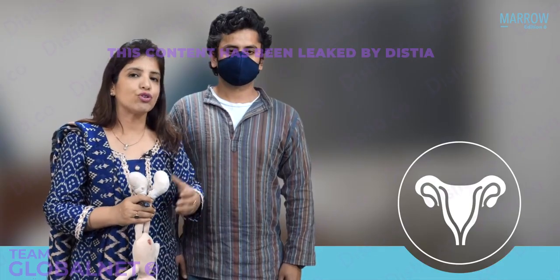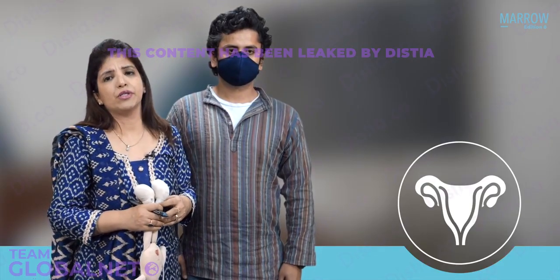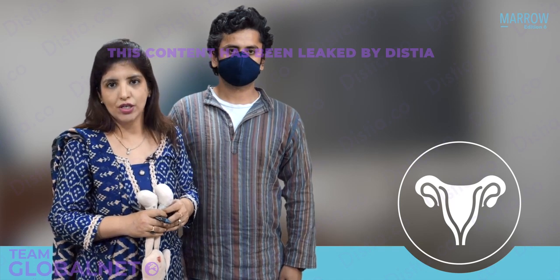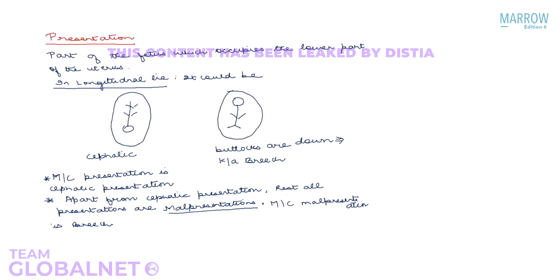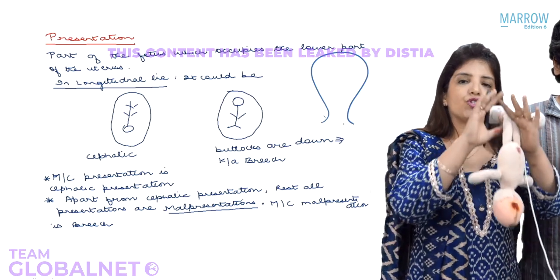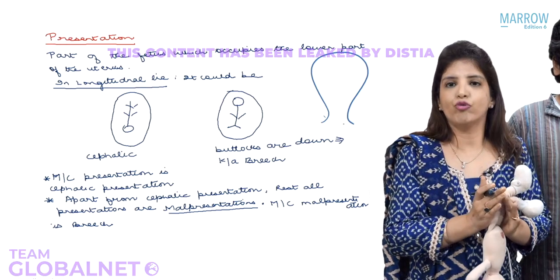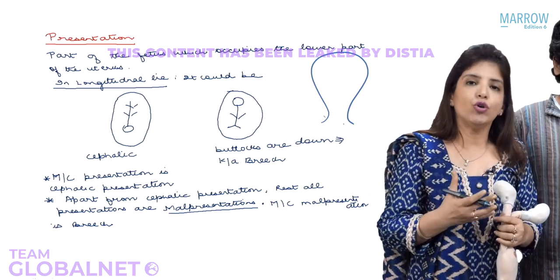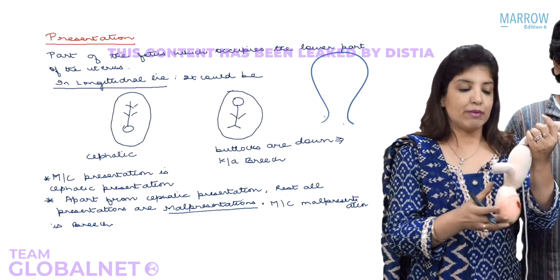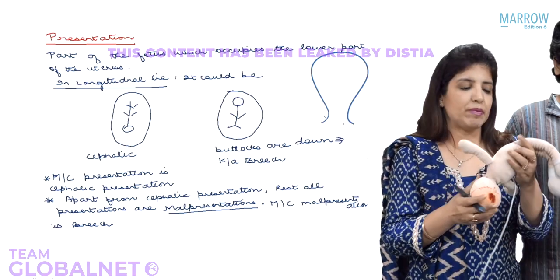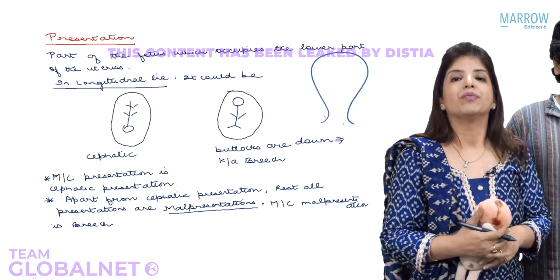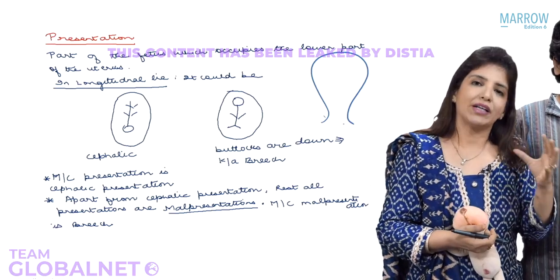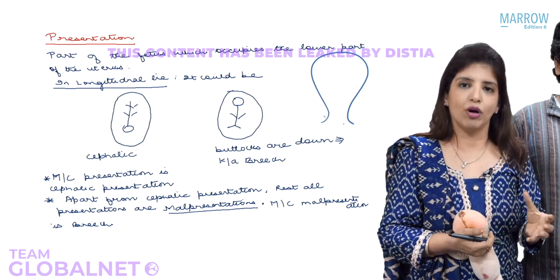Now, my next question to you is, why is it that cephalic presentation is the most common presentation? It is the most common presentation because of two reasons. If you look at the shape of the uterus, it is broad from above and narrow from below, right? And in a normal baby, the buttocks are broad and the head is small, right?